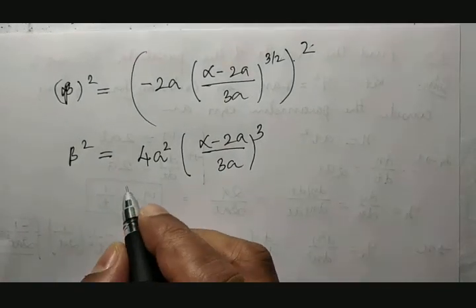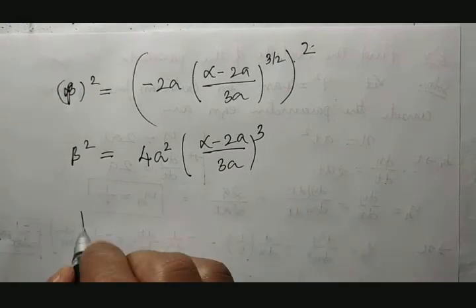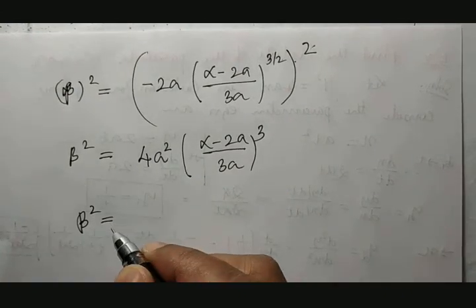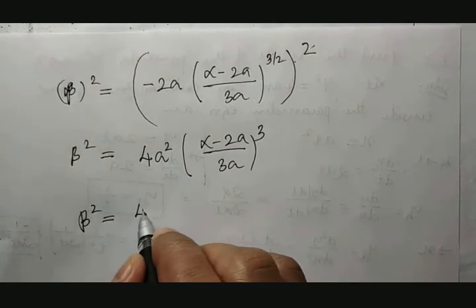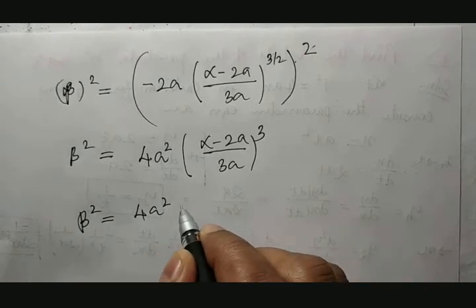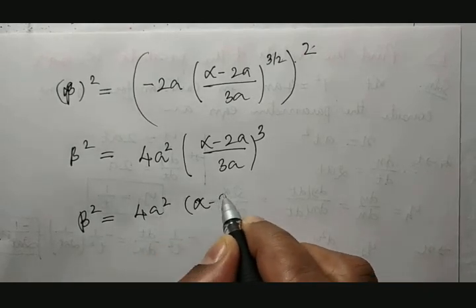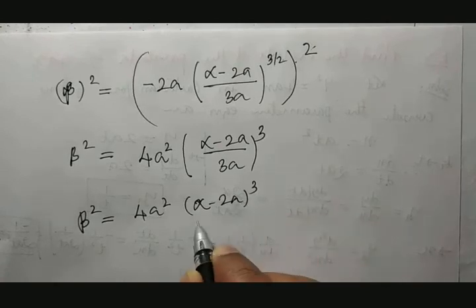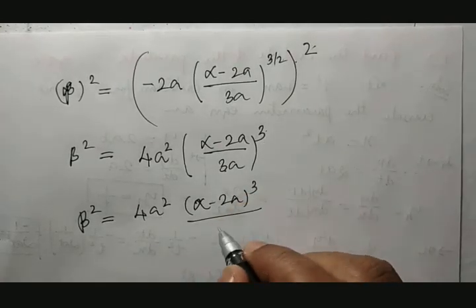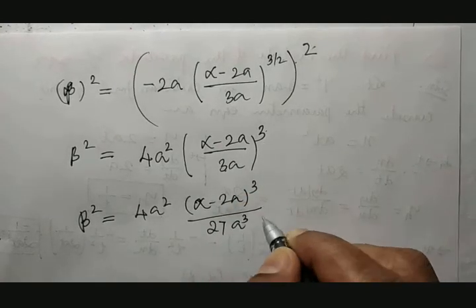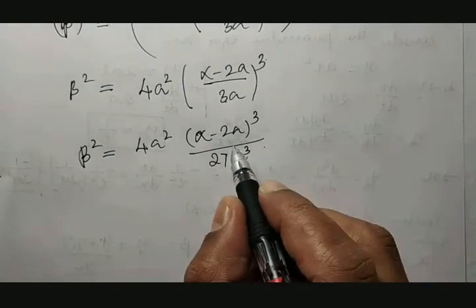Fine. Therefore, beta square is equal to 4a square into alpha minus 2a raised to 3, divided by 3 cube is 27 and a cube. Okay. So this goes to the other side.